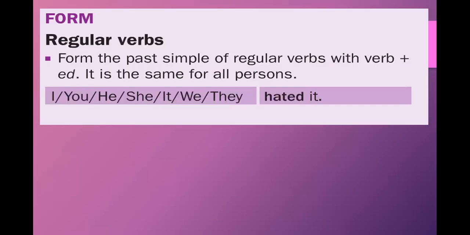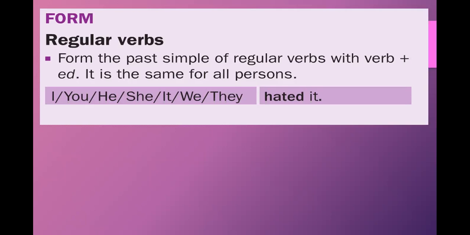Now, we have different forms for these verbs in simple past. We have regular verbs, okay, which to form the past simple use the verb with ed, okay? And this is the same for all persons, such as in the example, I hated it, you hated it, he hated it, she hated it, we hated it, and they hated it, okay?